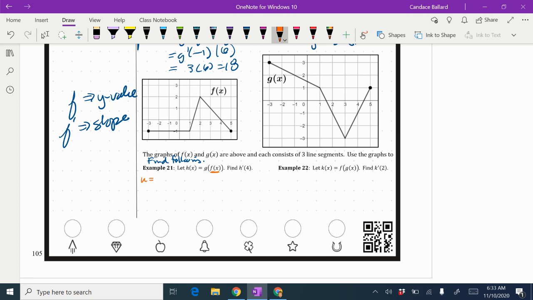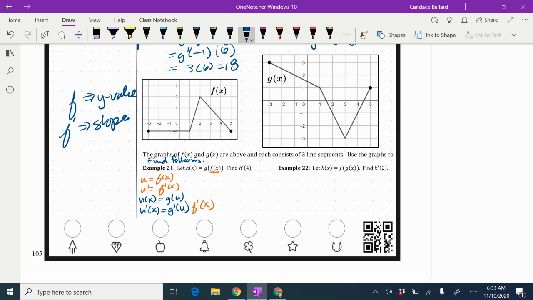So I get u equals f of x, which means that u prime equals f prime of x. My new h of x is g of u, and then I take the derivative of that, which gives me the derivative of the outside function, g prime of u, times the derivative of the inside function, f prime of x.